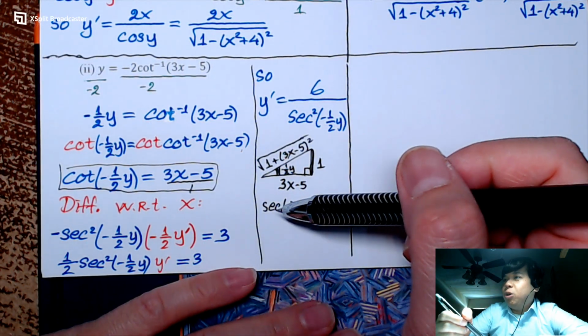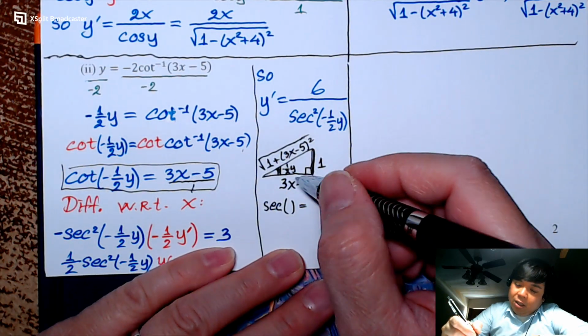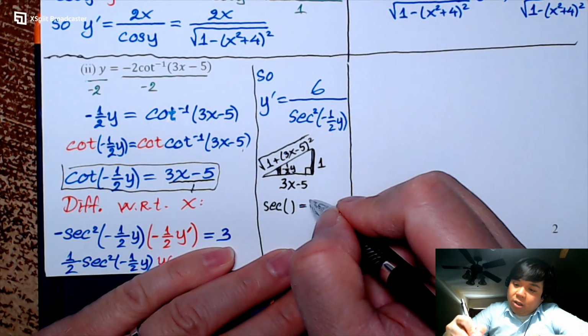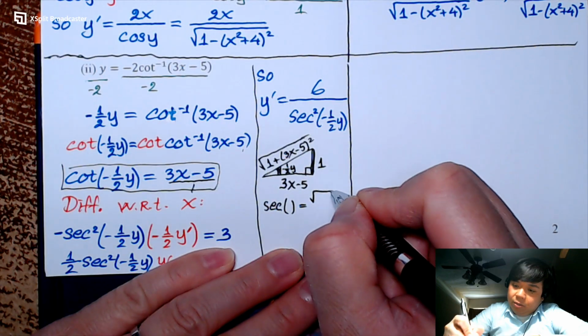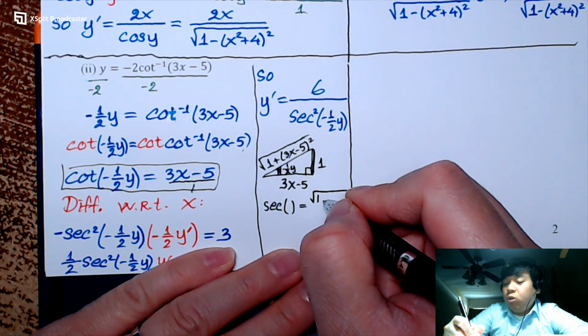Sorry, secant is 1 over cosine. So secant is hypotenuse over adjacent, which is 1 over cosine.